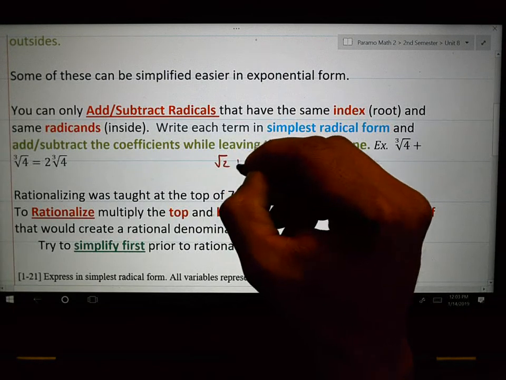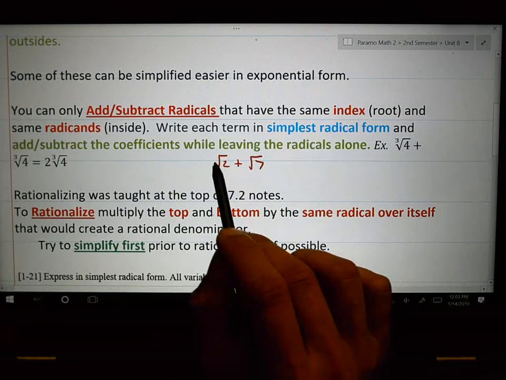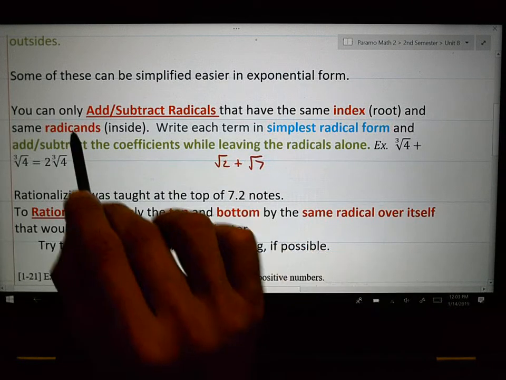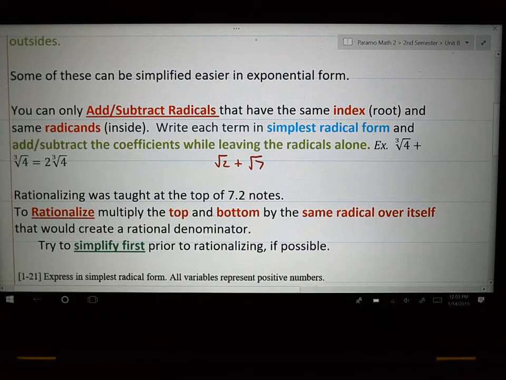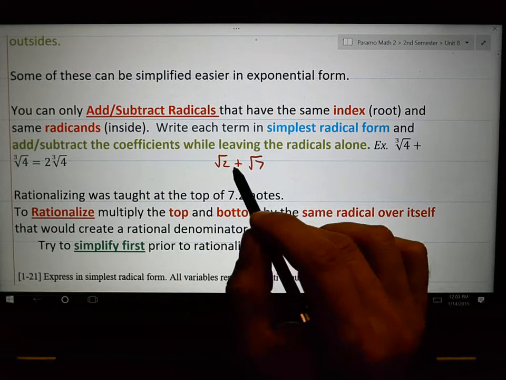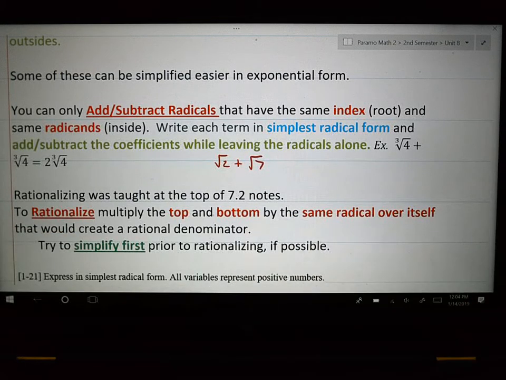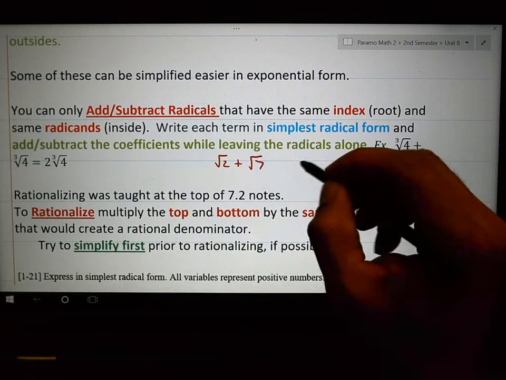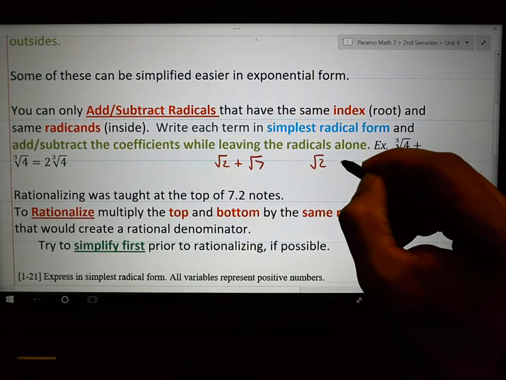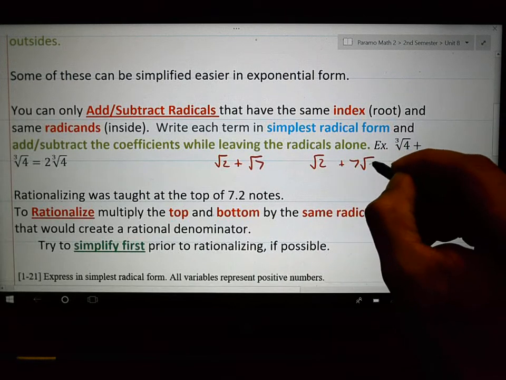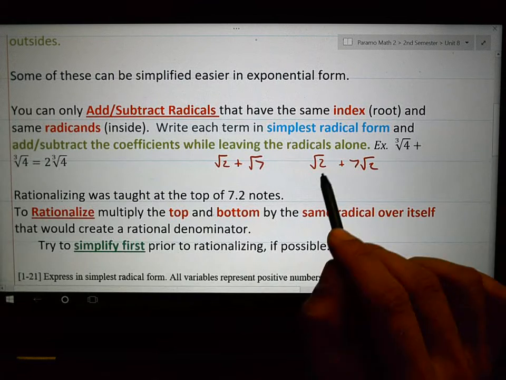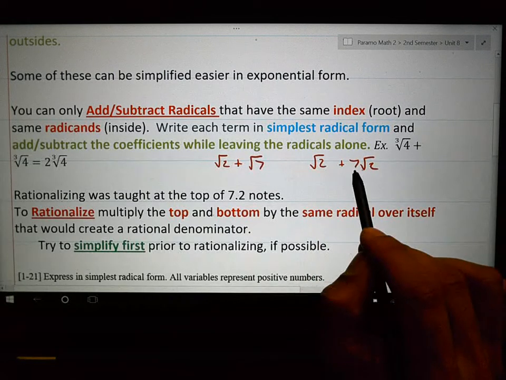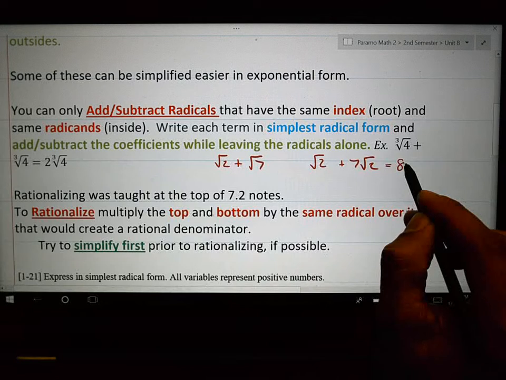Square root of 2 plus the square root of 7 have the same index, but they don't have the same radicands. You can't put those together. It would just be square root of 2 plus square root of 7. But if it was the square root of 2 plus 7 square root of 2, you have 1 square root of 2 plus 7 square root of 2, it would equal 8 square root of 2.